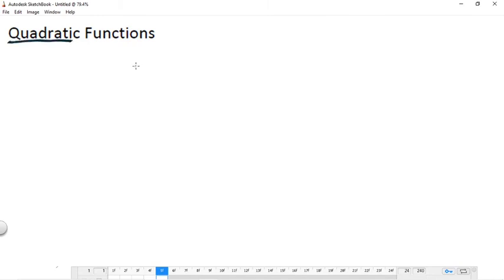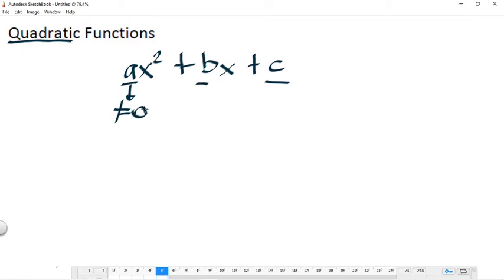It is in the form ax raised to 2 plus bx plus c, wherein a, b, and c are already constants, and of course, a should not be equal to 0. If this will be 0, this will be cancelled, leaving behind a linear function only.